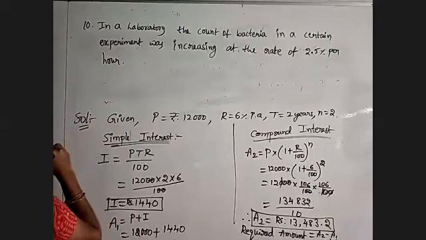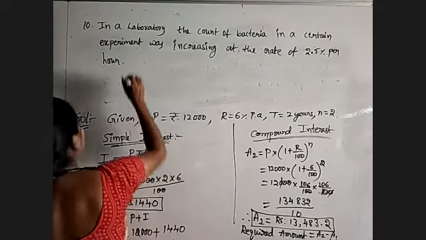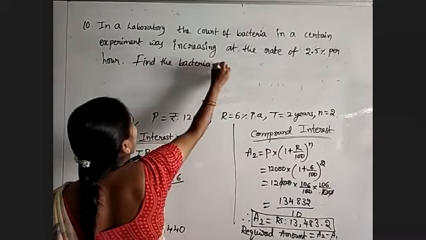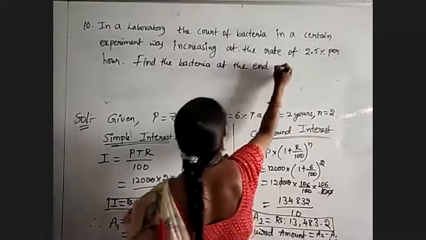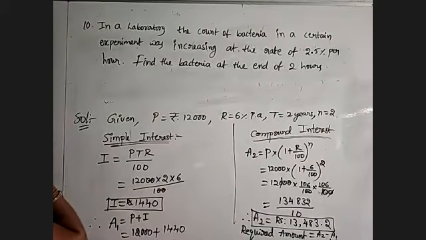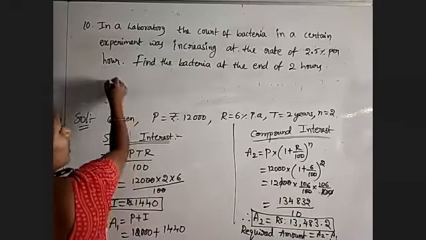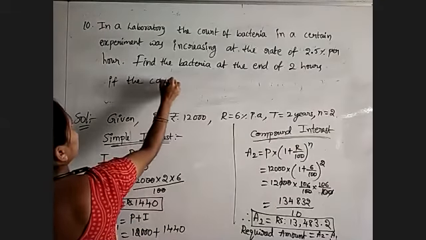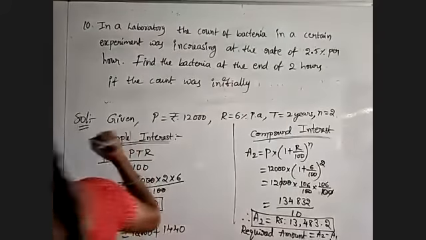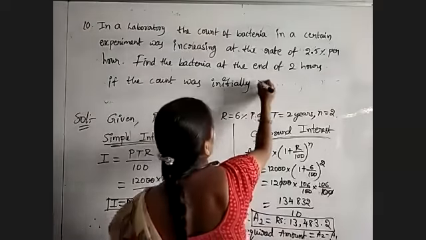Then find the bacteria at the end of 2 hours, if the count was initially 5,06,000.